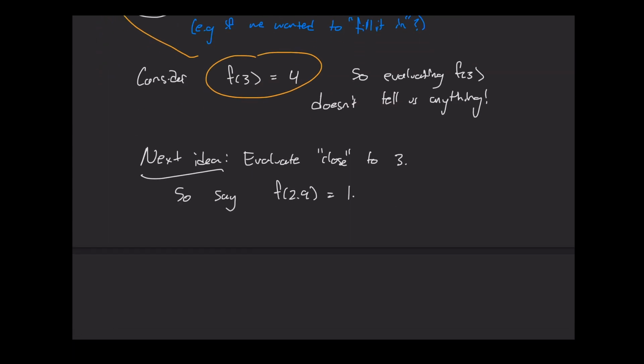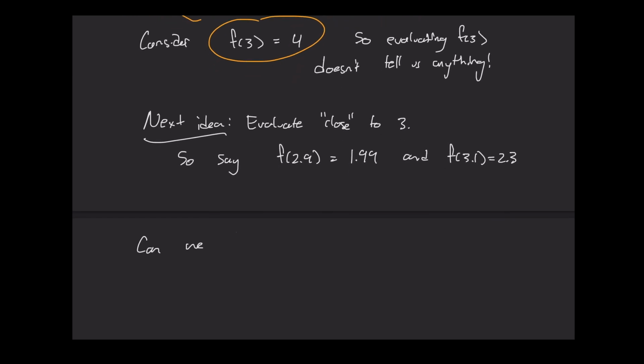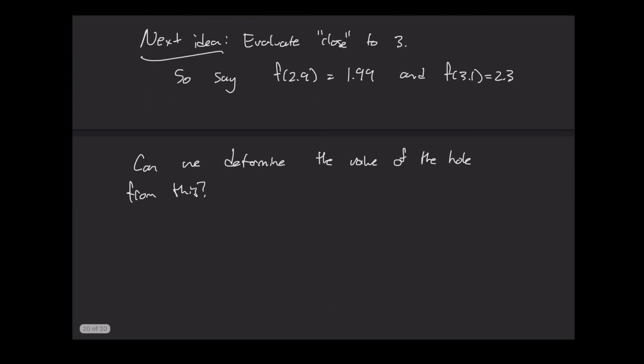So say something like f of 2.9 is 1.99 and f of 3.1, sorry, is 2.3. So can we determine the value of the hole with this information? So one guess might be to say, okay, well, it looks like the values are going to 2, or maybe we should take an average. We should take halfway between 1.99 and 2.3.